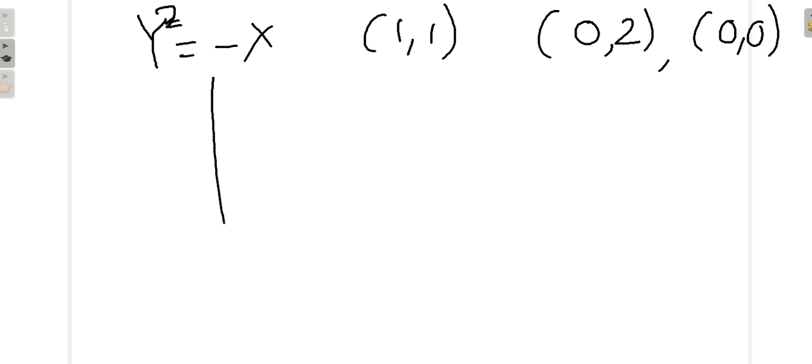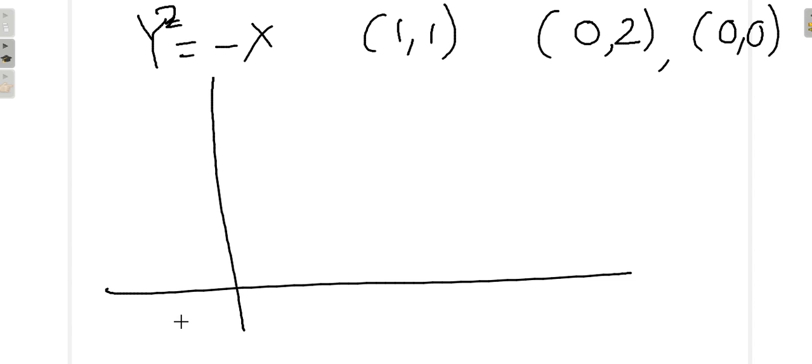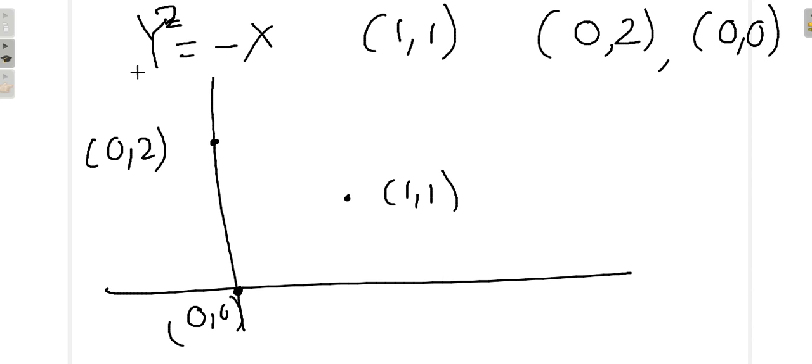So let us draw the curve now. So this is 0 comma 2. 1 comma 1 will be somewhere in between. Since it is y square equal to minus x, the curve is towards the left. So this is how the curve will look.